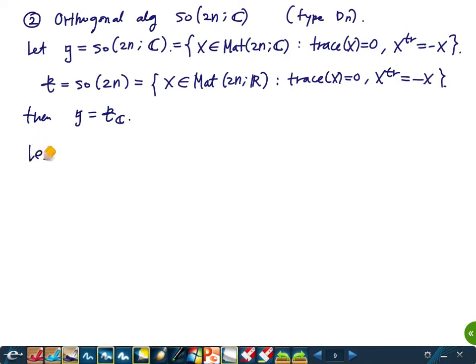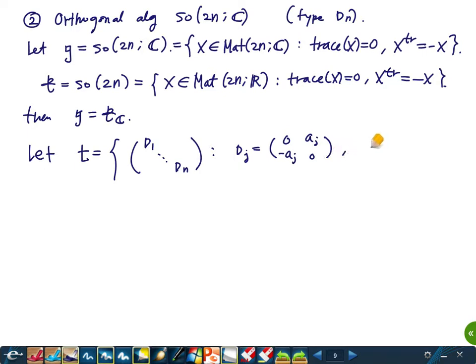Let's define t to be the set of block diagonal matrices now, D1 through Dn, where the jth block diagonal matrix is this 2 by 2 matrix with entries a_j and minus a_j, where each a_j is a real number. Let's define t in this way.